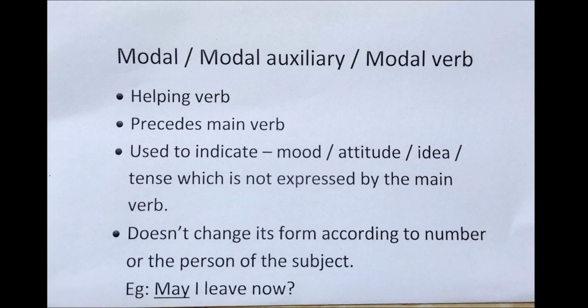Now in this sentence, the main verb leave is not indicating any mood or attitude, while the word may indicates that the person is asking for the permission. He is asking for the permission with a humble note.